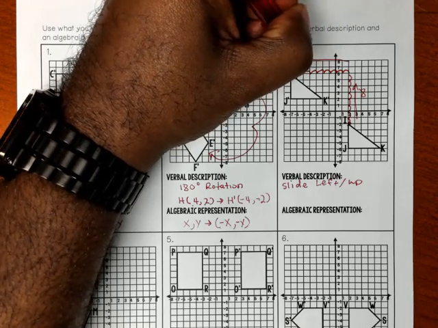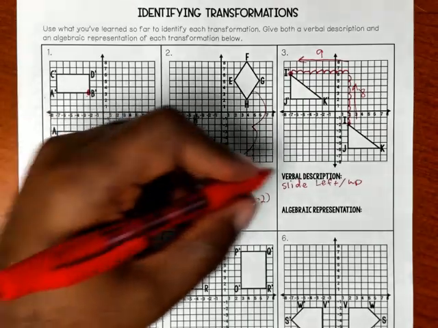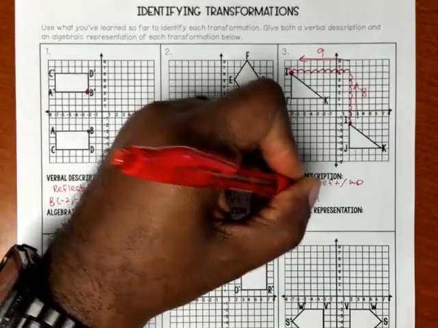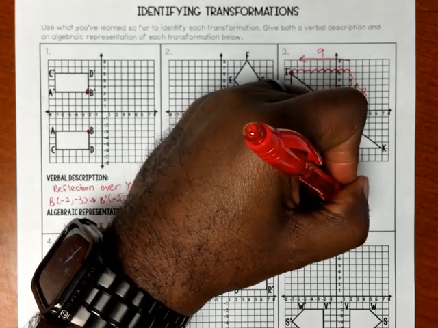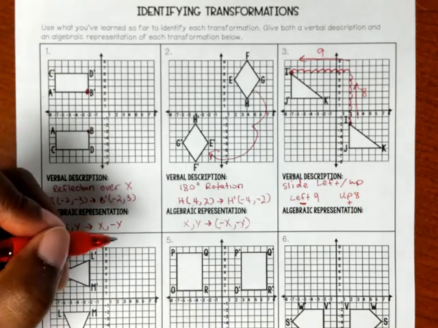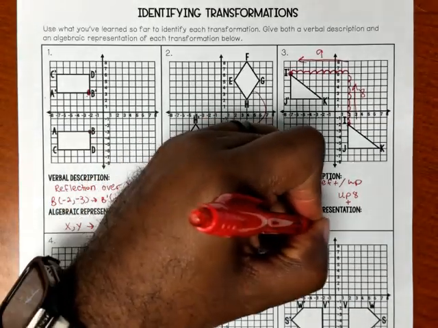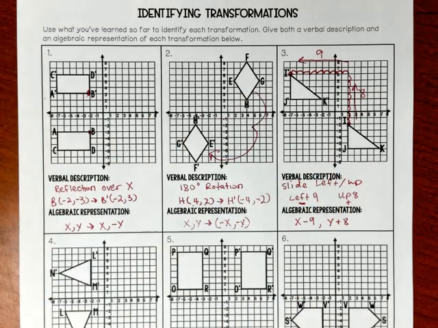We went to the left 9. So we know that left is X minus. So we went left 9, which is minus. And we know we went up 8, which is plus. So this is a translation, and that tells me (x - 9, y + 8). Okay?